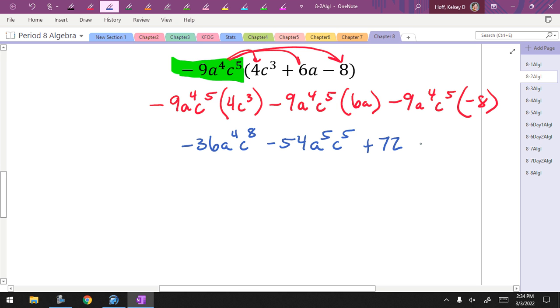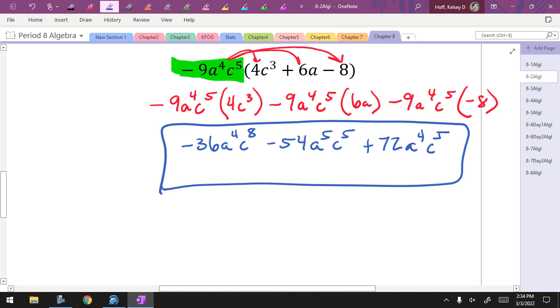What does he need? Yep. Don't forget those. Just because the 8 doesn't have it doesn't mean that you don't still bring those along. Thanks to your friend Jackson for answering that. Appreciate you. Anything that I should combine? Do we have any like terms? Nope. And Miss Hoff's rule is if we have more than one letter, don't worry about standard form.